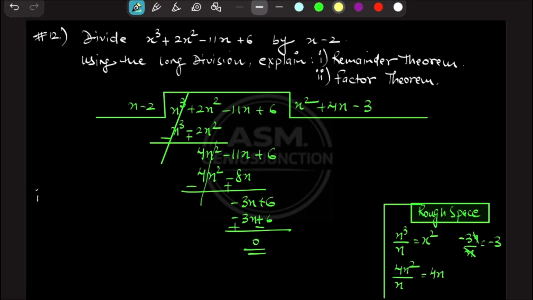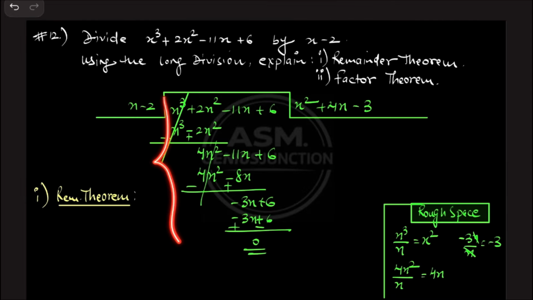Now we are talking about the first part, that is the remainder theorem. Remainder theorem is actually a way of finding the remainder without performing this complete long division process. Without performing the long division process, we can reach the final remainder for the given question.